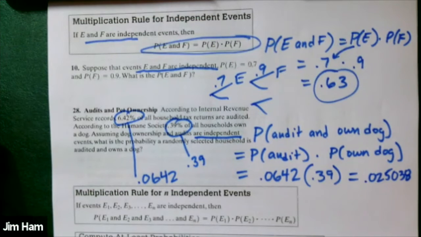Okay, so this multiplication rule works not only for just two events, but as long as all of the outcomes are independent, then you can just multiply the probabilities of more events together.